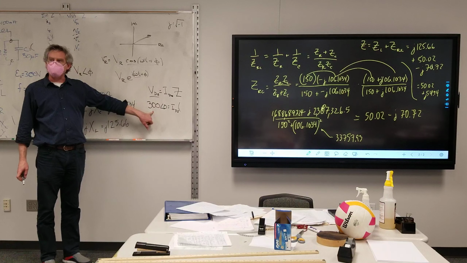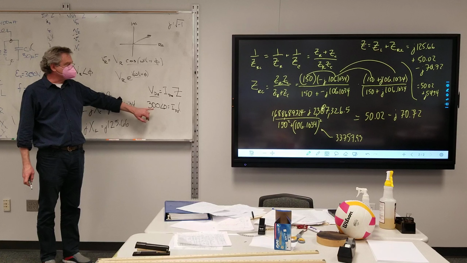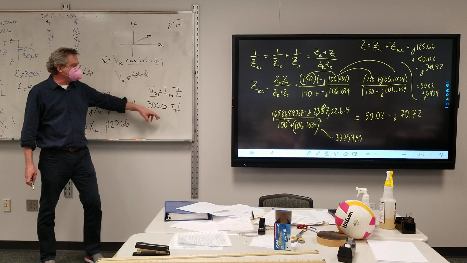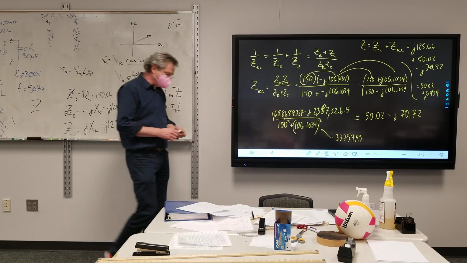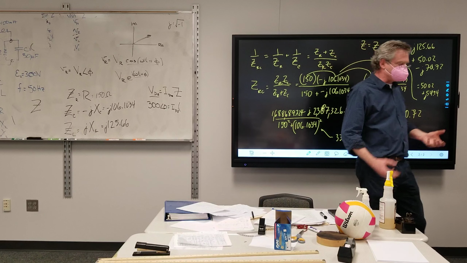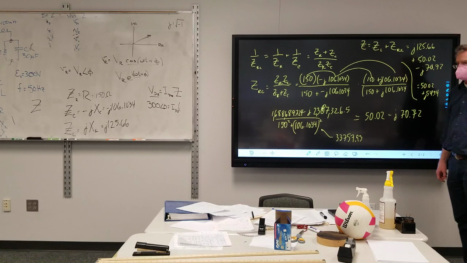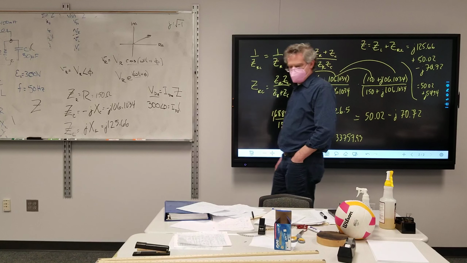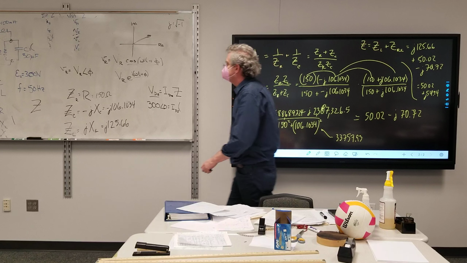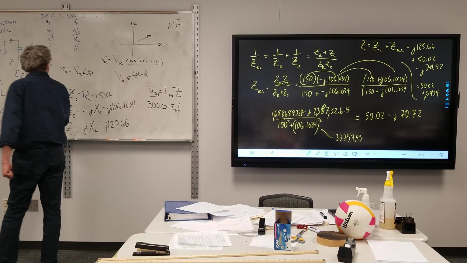Now, I have this in polar notation, and I have that in rectangular notation. So let's get them into the same notation, and let's get this into polar notation. Remember, it's just like adding vectors.